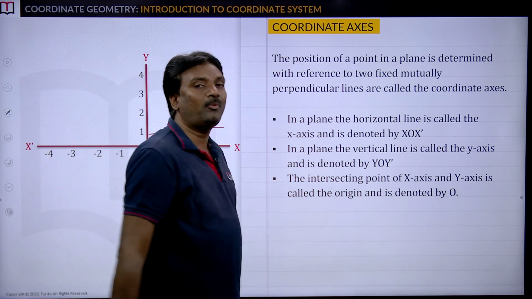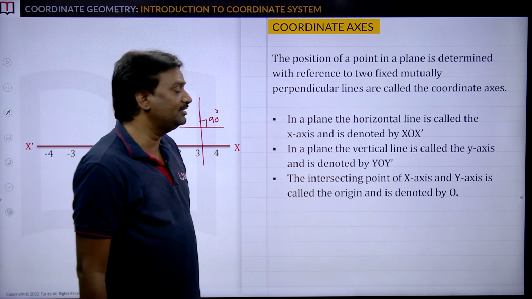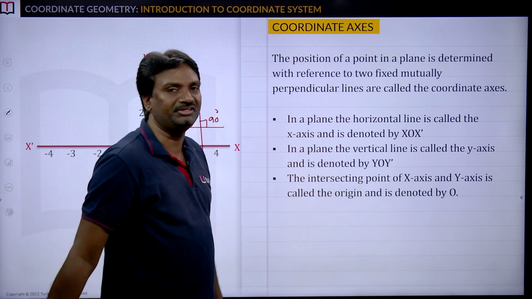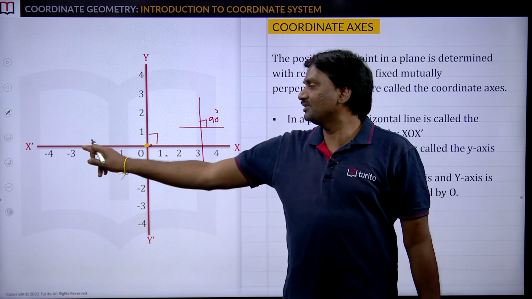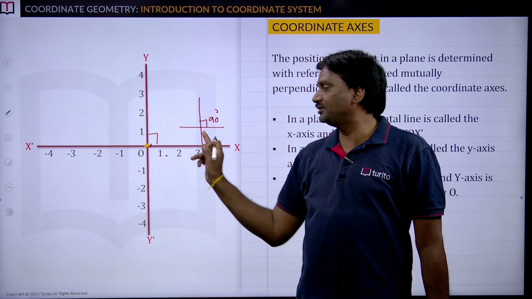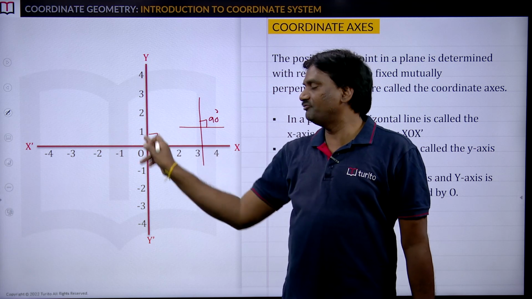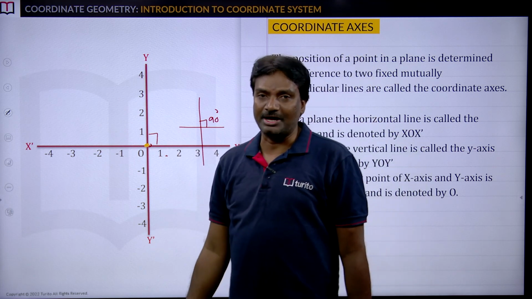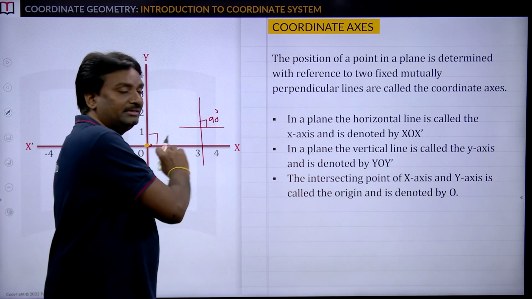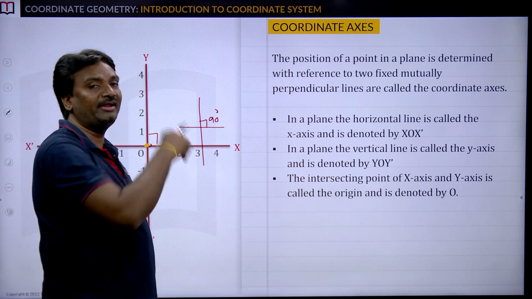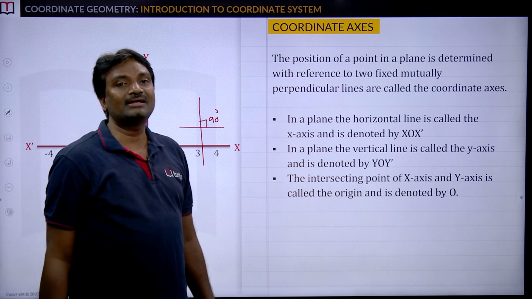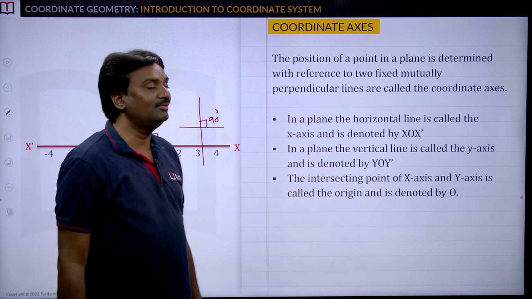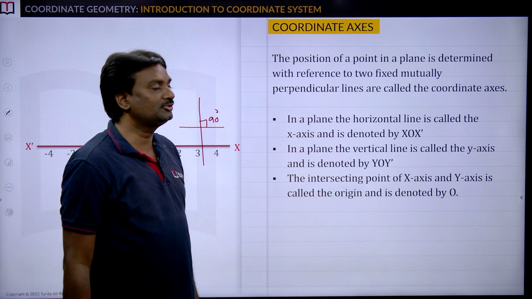The intersecting point of x axis and y axis is known as the origin and is denoted by O. With respect to this figure, this is x axis x O x dash, and that is y axis y O y dash. Now, x O x dash and y O y dash are known as coordinate axis. Coordinate axis means x axis and y axis. So, hope you understood this concept.